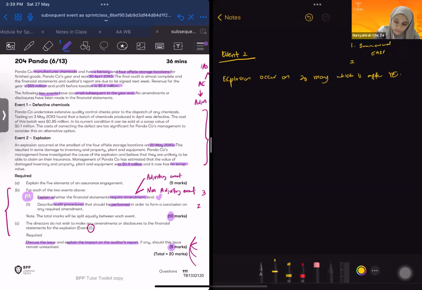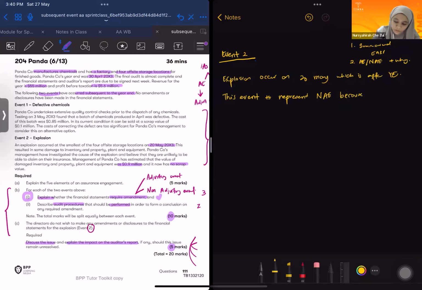Step 2, you mention whether this is an adjusting event or a non-adjusting event, plus why. So the next sentence would be: this event represents a non-adjusting event. But in the exam, of course, you need to write in full.